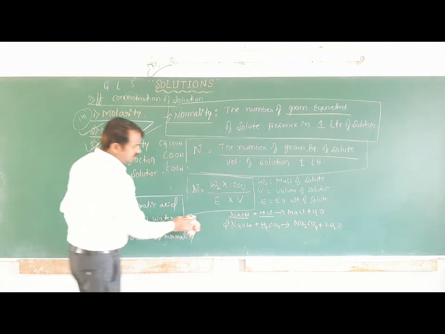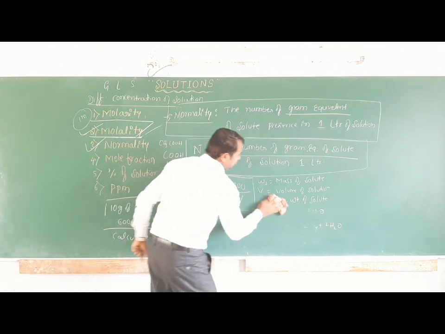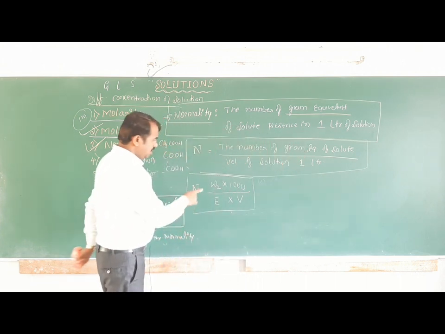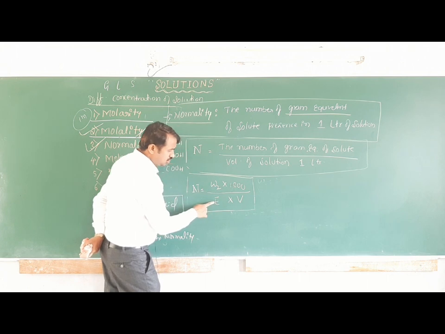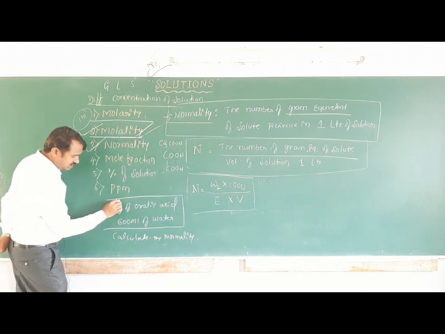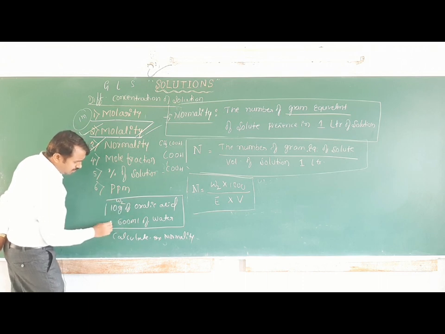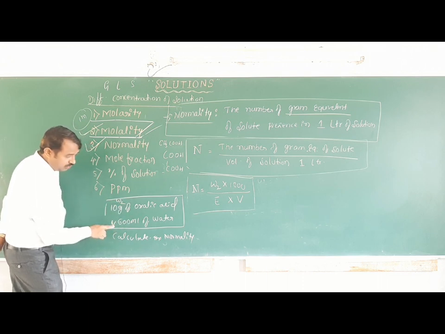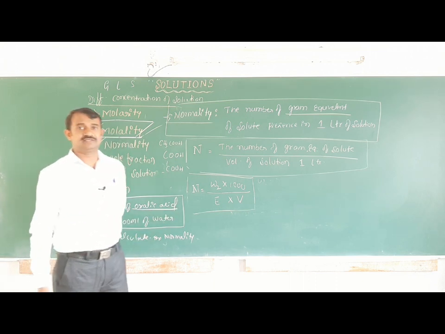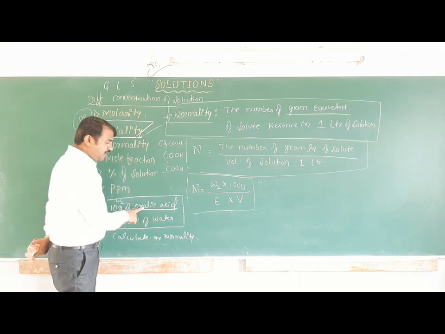You know the formula of normality: W2 into 1000 divided by E into V. The small component is the solute, W2, and the larger component is the solvent, V. What is the equivalent weight of oxalic acid?